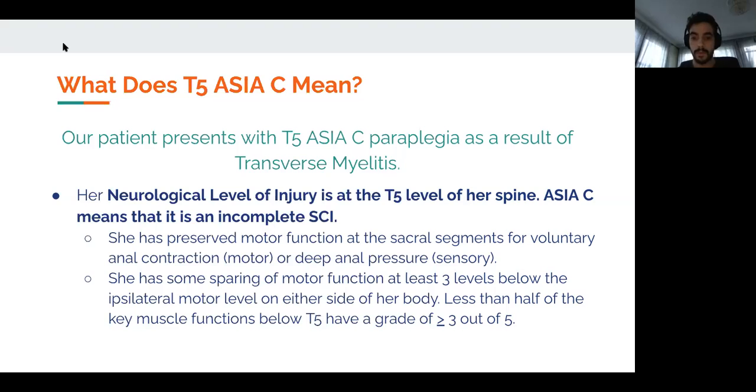She has preserved motor function at sacral segments for voluntary anal contraction and deep anal pressure, so sensation and motor. She has some sparing of motor function at least 3 levels below the ipsilateral motor level on either side of her body, and less than half of the key muscles below T5 have a grade of at least a 3 or more out of 5.